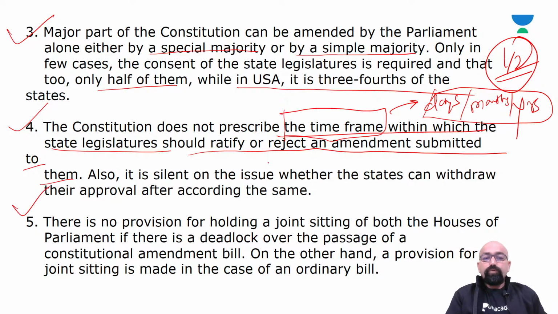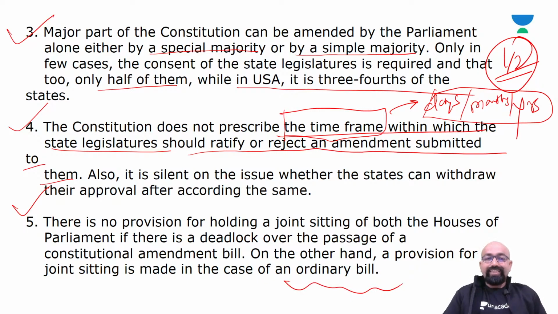There is no provision for holding a joint sitting of both the houses of parliament if there is a deadlock over the passage of a constitutional amendment bill.